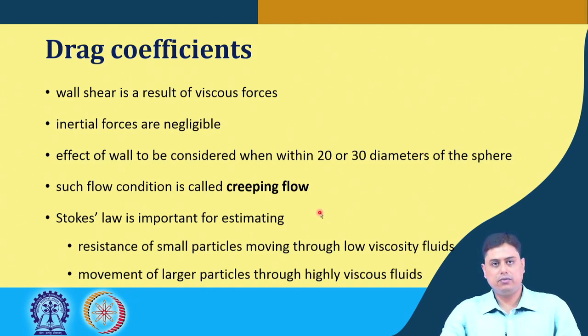Inertia forces are negligible, and the effect of the wall has to be considered if the walls are within 20 to 30 diameters of the sphere. Otherwise, beyond this range, we can say it is a kind of infinite pool with respect to the particle diameter d.